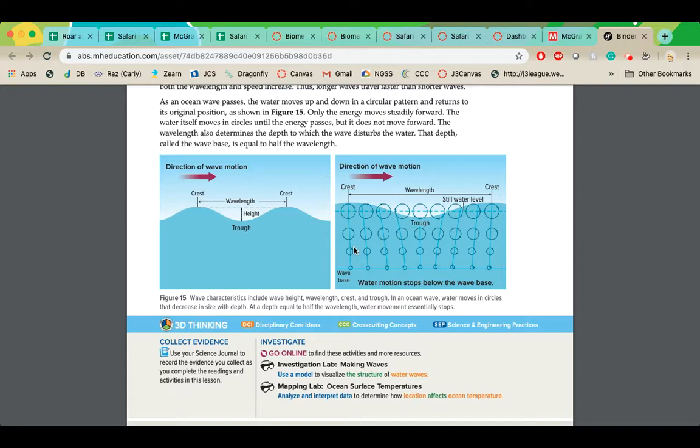So I think I should have started by telling you what a wave is, and it's essentially some energy that's being carried through. It can be carried through water, air, or solids. But in this case, we're looking at carrying it through water, by rhythmic movements, with the energy being passed from one molecule to the next, and the next.